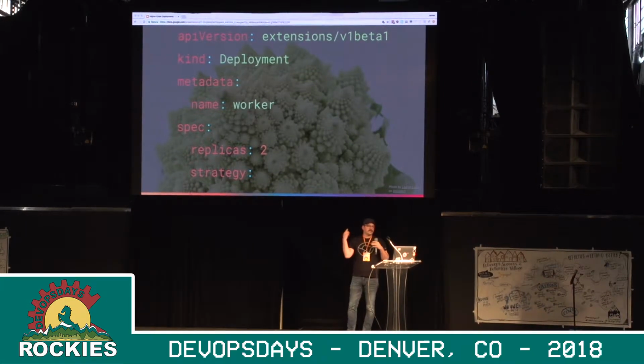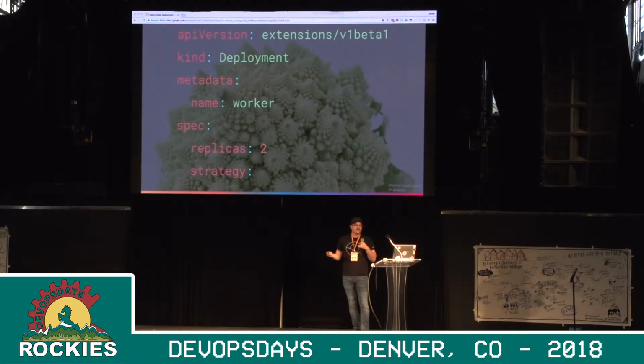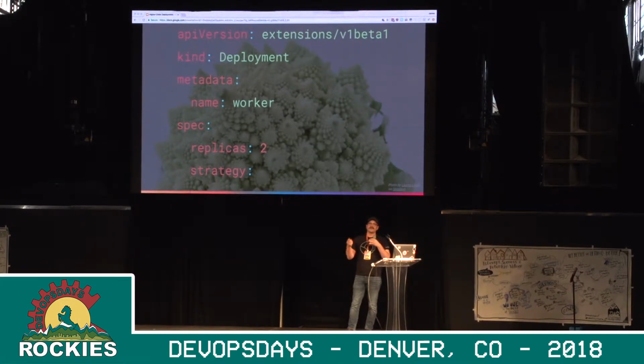So this would be the start of a manifest for a deployment. What you have on disk ends up being the same as what you get in your cluster. There's going to be differences, of course. You have the status of how this deployment is actually rolling out, but for the spec and this metadata, it's the same.